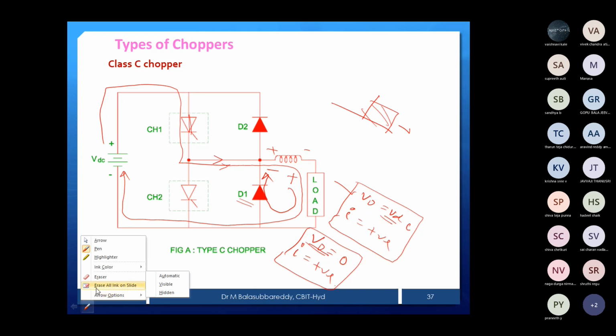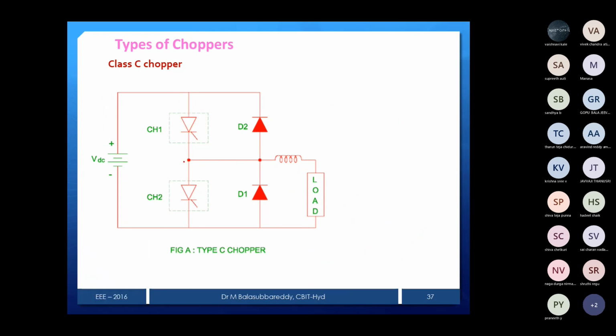Now similarly, suppose at any instant diode D2 is on. What is your voltage? You can see diode D2 is on, this is plus, this is minus, and current is passing like this. If this is on, voltage is 0. What about the current? Current is negative. Why negative? Because it is passing like this. The reference current is in this direction and now the current is passing opposite to that, so current is negative.